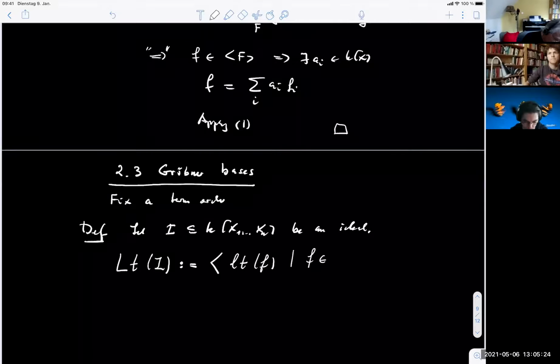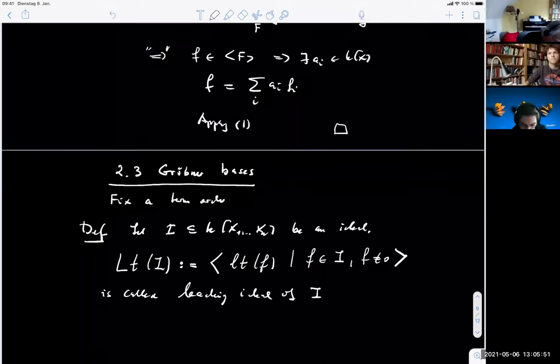So I take any f, any polynomial in my ideal I, it should be not zero, otherwise there is no leading term. Then I look at the monomial ideal generated by all those, and this I call the leading ideal of I, and of course with respect to the term order.